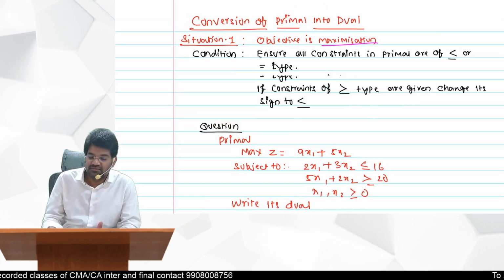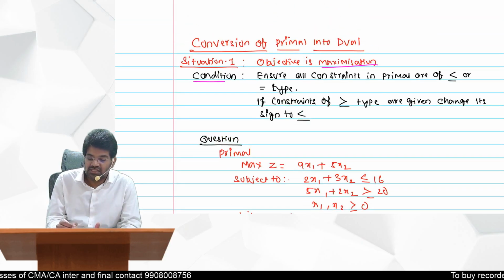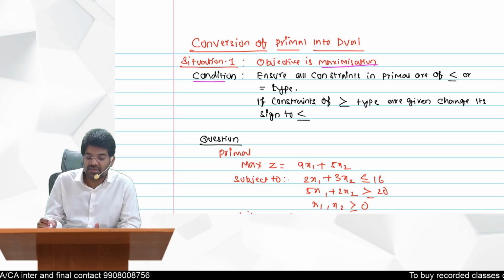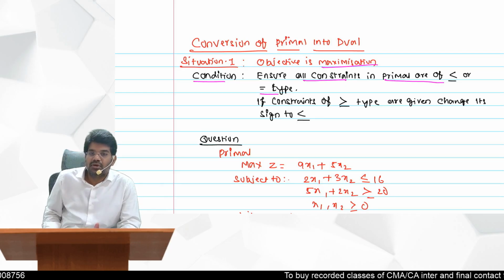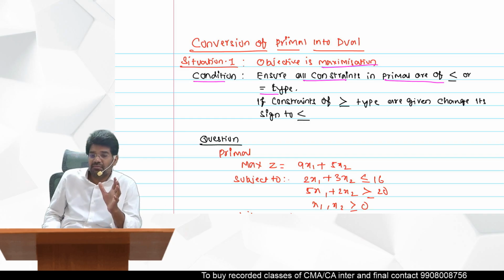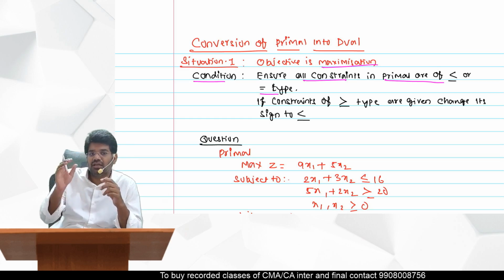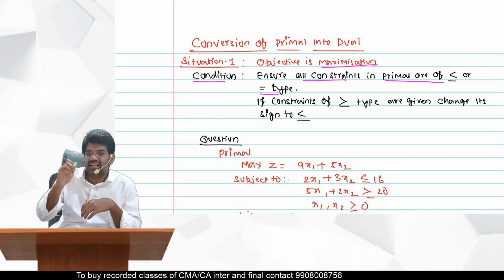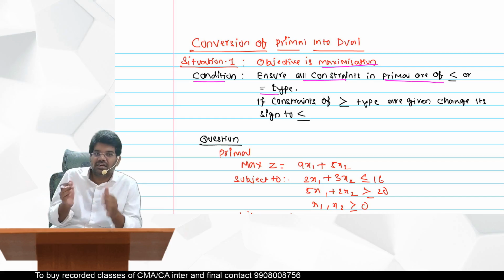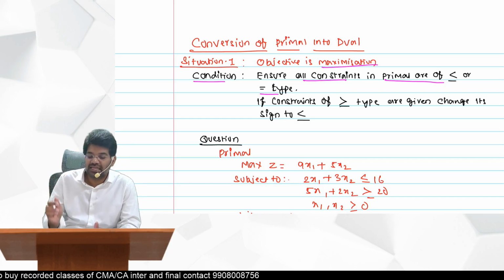Now see here. Situation 1: objective function is maximization. Ensure all constraints in primal are of less than or equal to type. If you find any constraint with greater than or equal to type, convert that by multiplying both sides with -1.